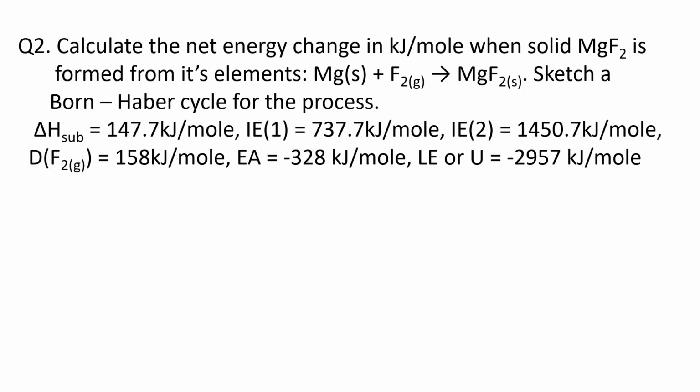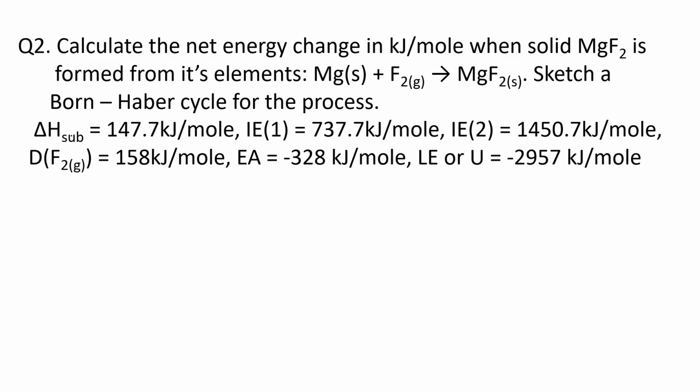Now, next problem, that is problem number 2. What is problem number 2? Calculate the net energy change in kilojoule per mole when solid magnesium fluoride is formed from its elements, and this equation is magnesium solid and fluorine gas giving magnesium fluoride solid. Sketch a Born-Haber cycle for the process.